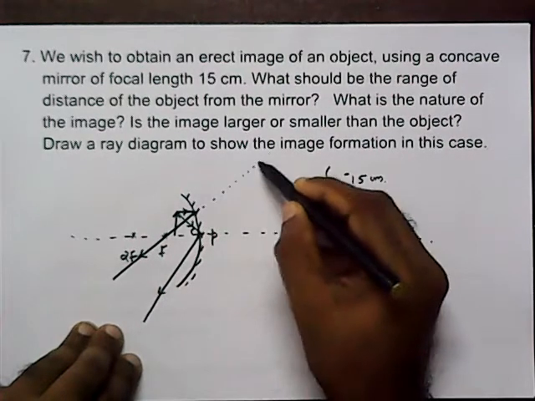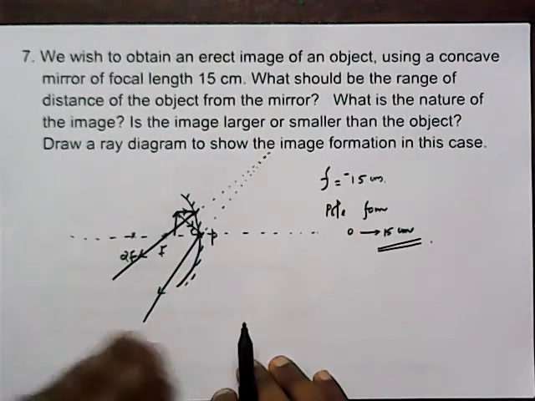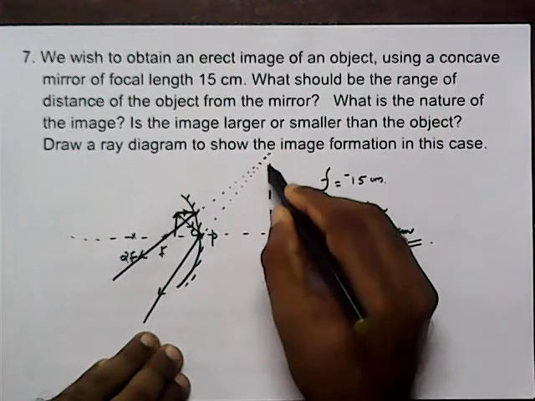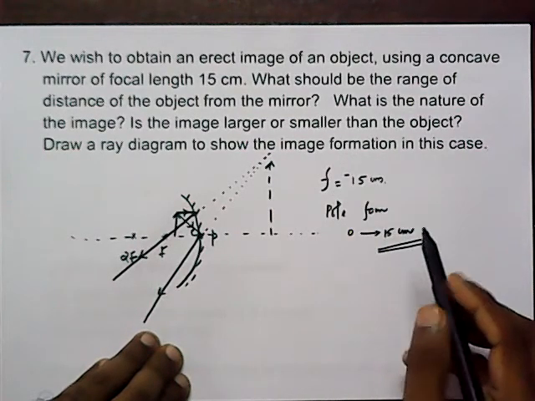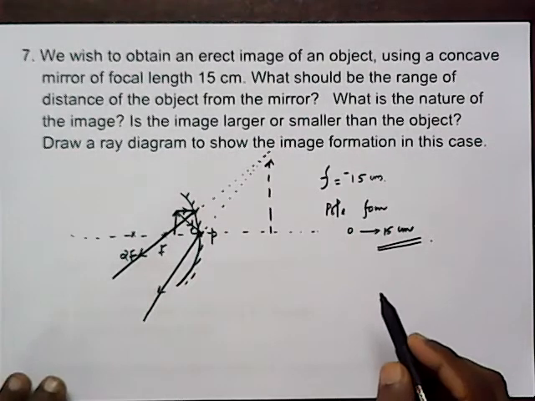So we have to retrace. So the virtual enlarged image is formed behind the mirror. So that is a very important one. So that is a ray diagram. So that is a very good concept.